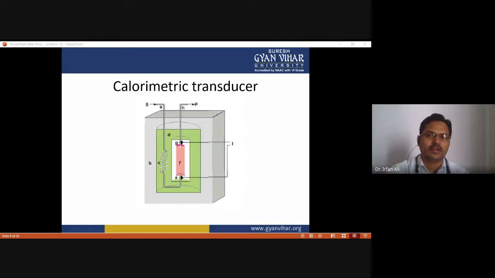Okay, so this clearly shows that nanotechnology is playing an increasingly important role in the development of biosensors.